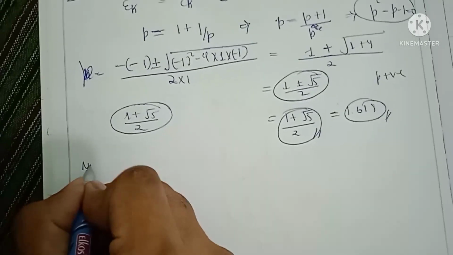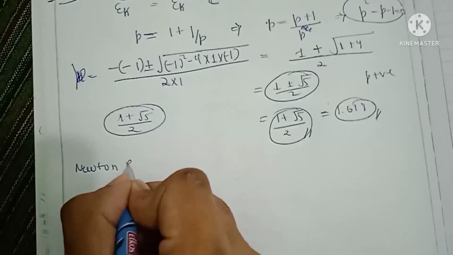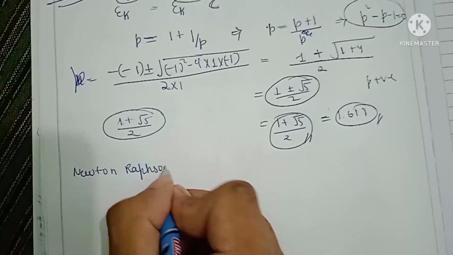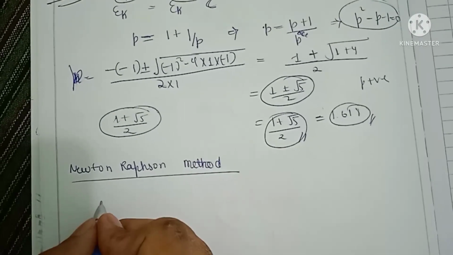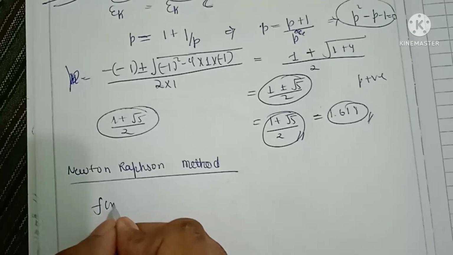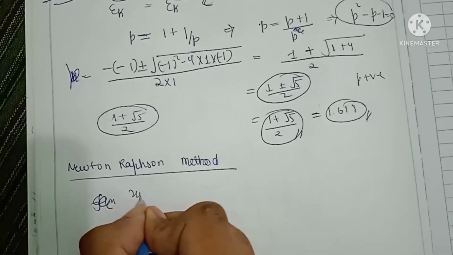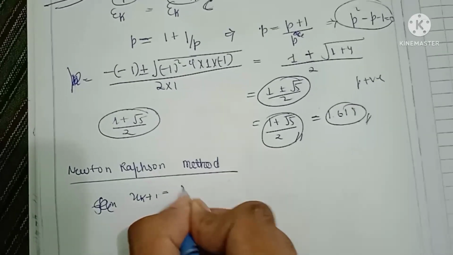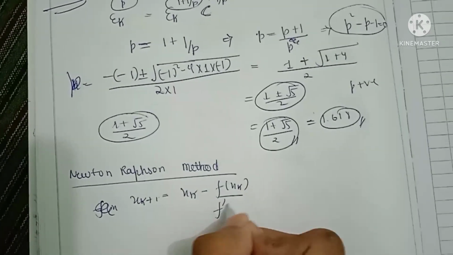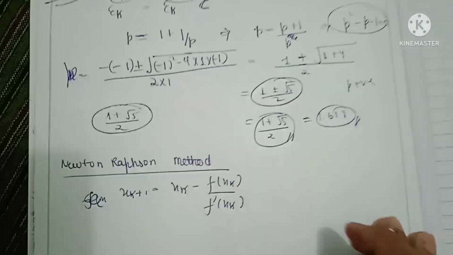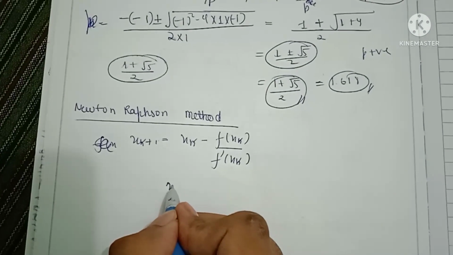And now for the Newton-Raphson method. For the Newton-Raphson method we have x_(k+1) is equal to x_k minus f(x_k) upon f'(x_k). Simply put the values.